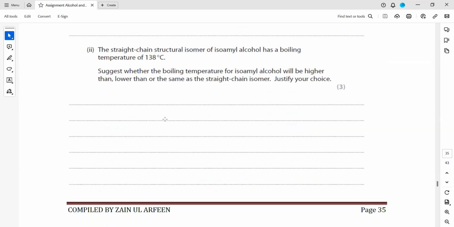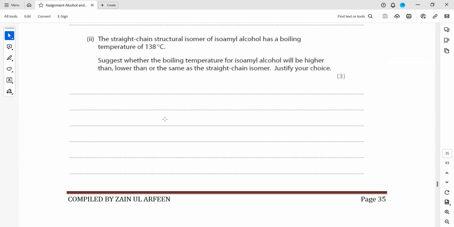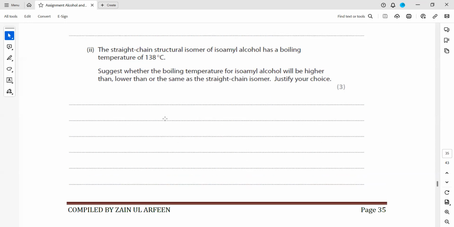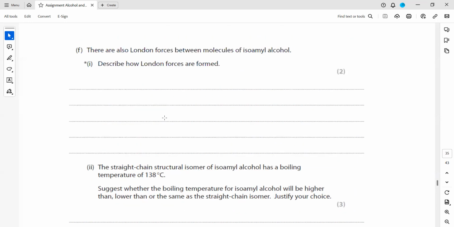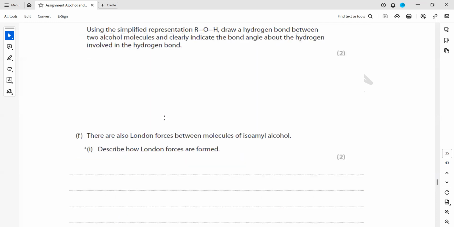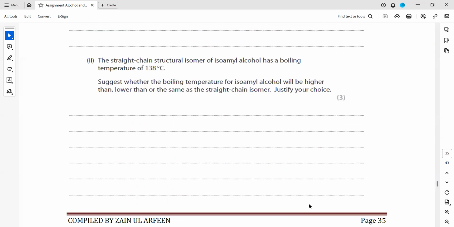The straight chain structural isomer has a boiling point of 138. Suggest whether the boiling temperature of isoamyl alcohol will be higher or lower than the straight chain. Straight chain compounds have a large surface area. If they have a large surface area, the attraction will be more, so the boiling temperature for a straight chain will be higher. Why is it higher? Because isoamyl alcohol has branches.